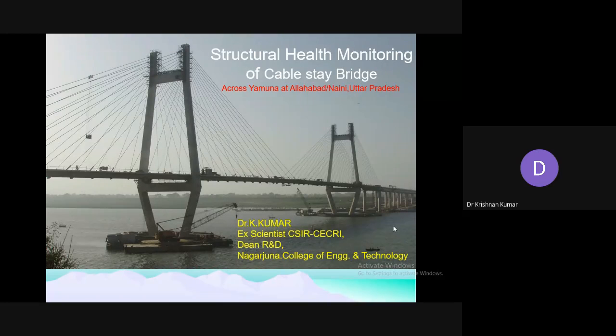This project was completed by 2004 and successfully commissioned in 2004. And even now, the health monitoring system in this bridge is working. This is at Allahabad, UP, near Triveni Sangamam, this bridge is there. So that experience I am going to share now.